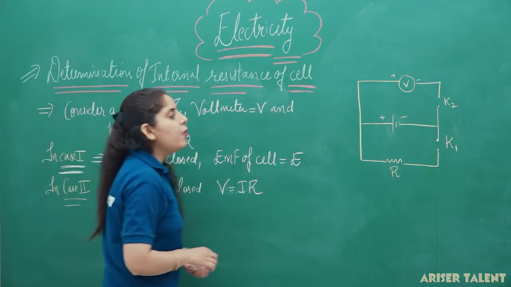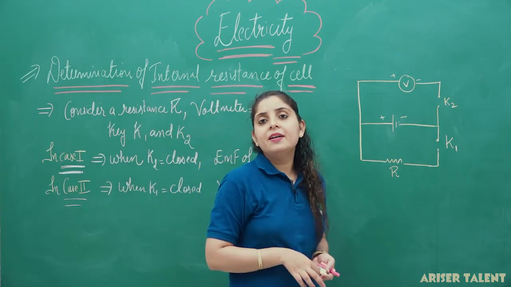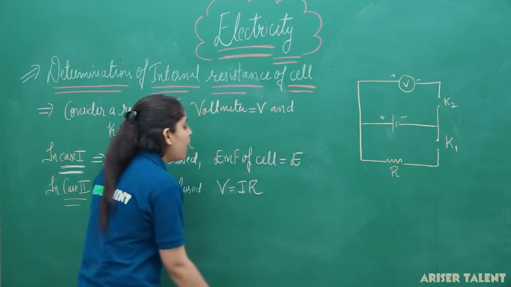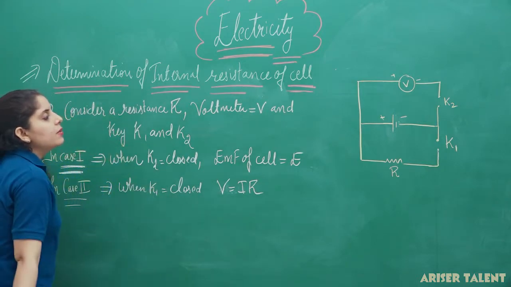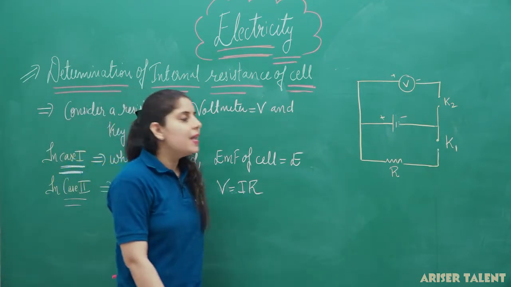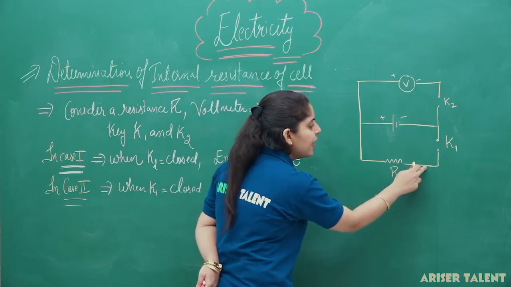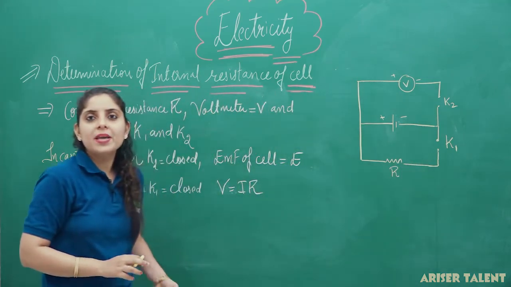Now, what do we want to determine? We want to determine the internal resistance of the cell. So, what you have to do? You have to take the internal resistance of the cell connected in series with that resistance, and its value must be small r.